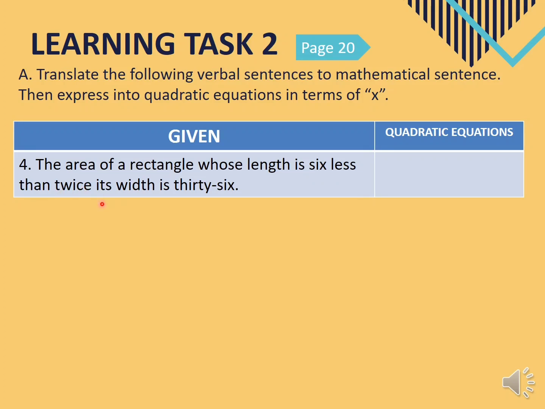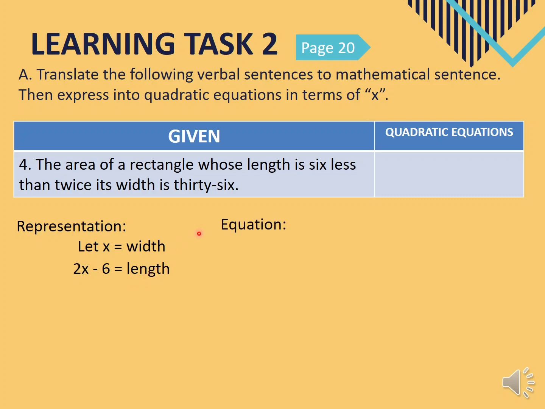Given yung length, but the width is not. So, therefore, we can represent x as width. Ang length daw ay 6 less than twice its width. Mas bababa ng 6 sa twice the width. Sabihin, twice mo na natin sa width and then subtract 6. So, 2x minus 6 is equal sa length natin.